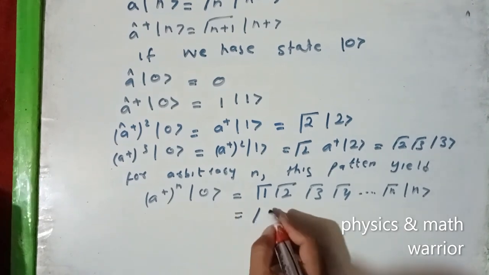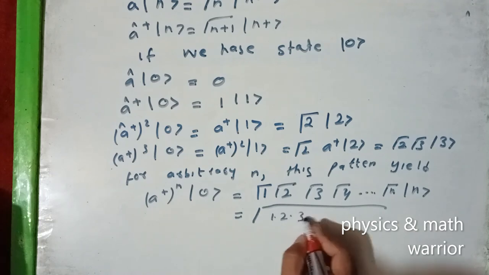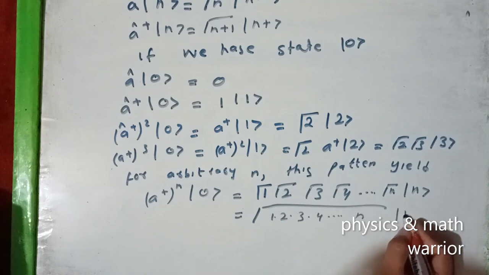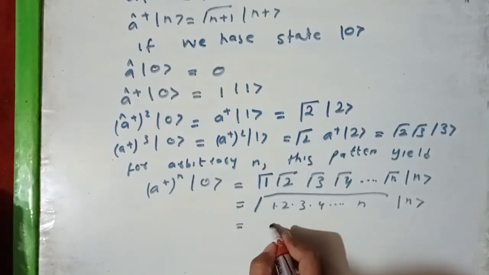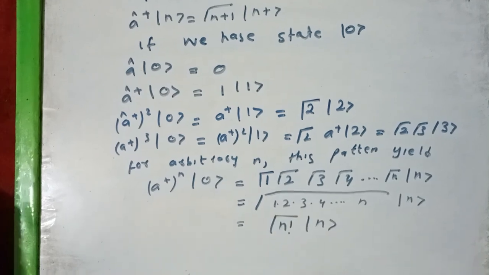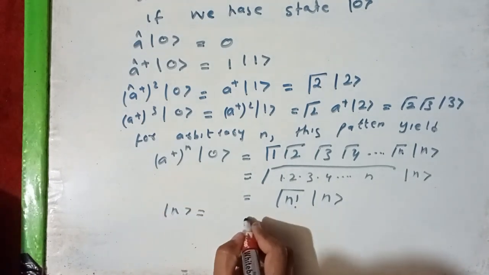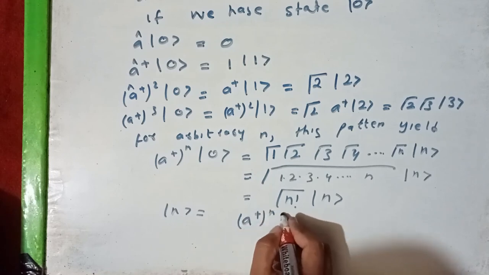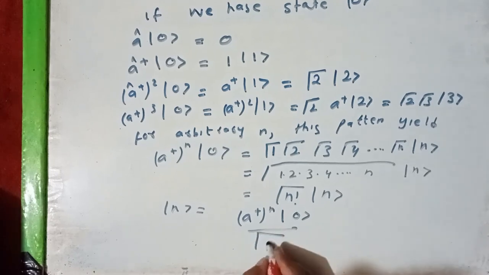This is equal to square root of 1 dot 2 dot 3 dot 4 and so on up to n, with state n, and this term is equal to n factorial. So this becomes square root n factorial with state n, and state n is equal to a dagger raised to power n acting on state 0 over square root n factorial.